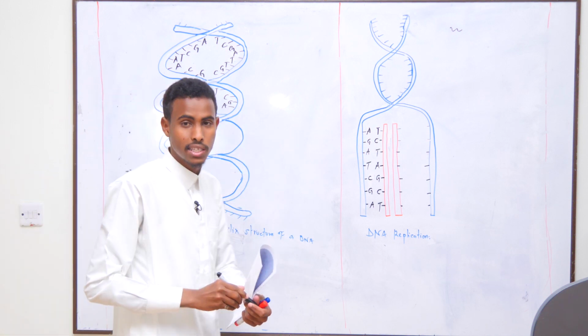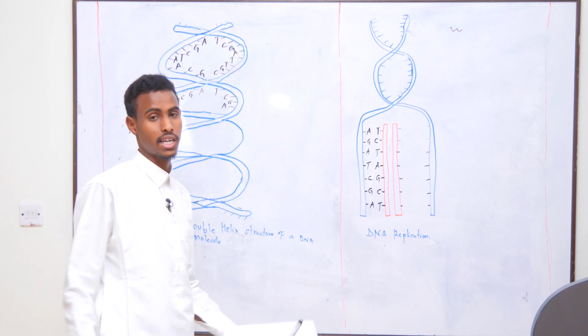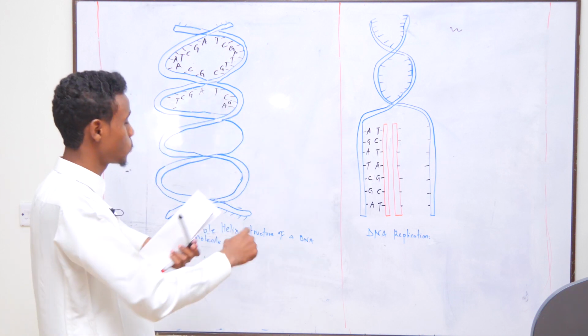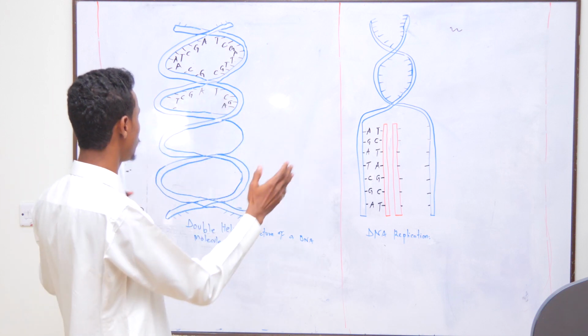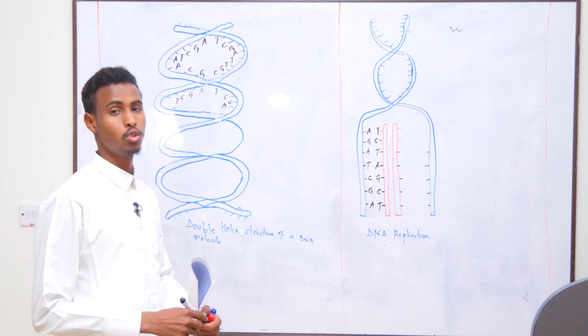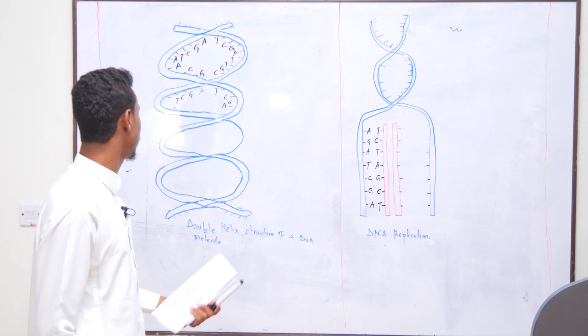The base pairs are found in a double helix structure. And we said a double helix structure is basically two parallel strands of DNA that twist on one another. On the opposite sides of the double helix, the bases are arranged in pairs, for instance adenine against thymine, guanine against cytosine.